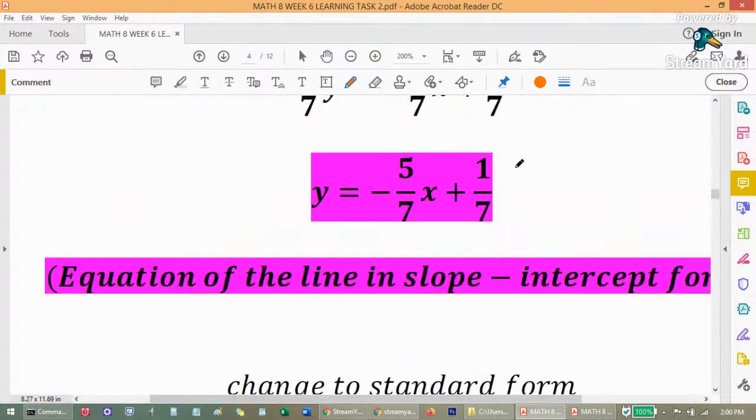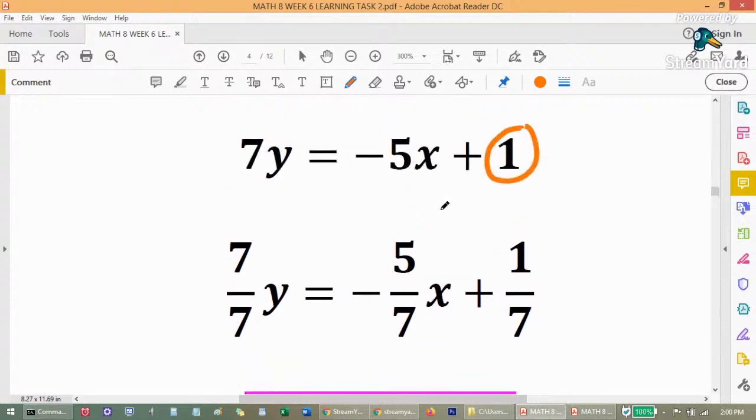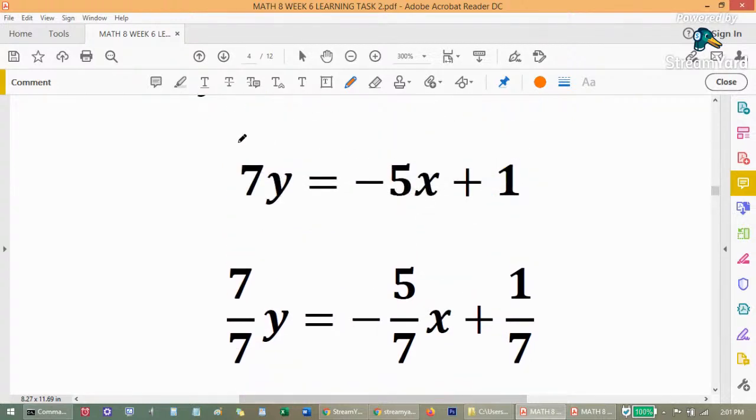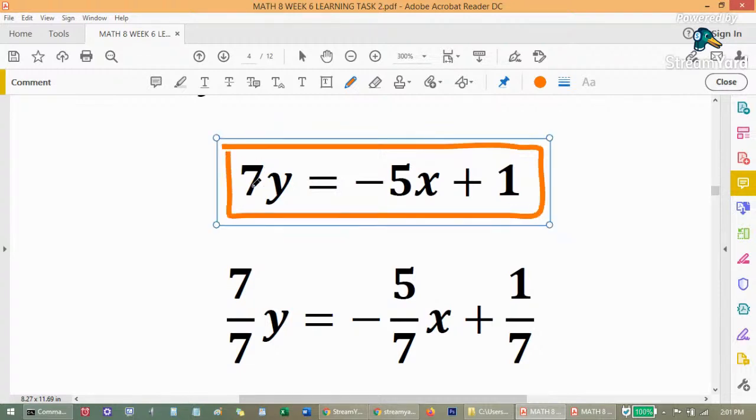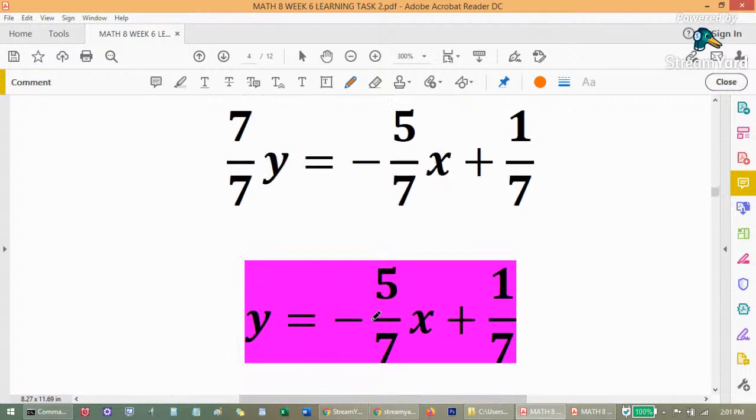So, kung papalitan natin to ng standard form, mahirap kung dito tayo magsisimula. So, babalik tayo. Hahanapin natin yung pinaka-last na nag-single line equation siya. Ibig sabihin yung walang mga fraction na number.